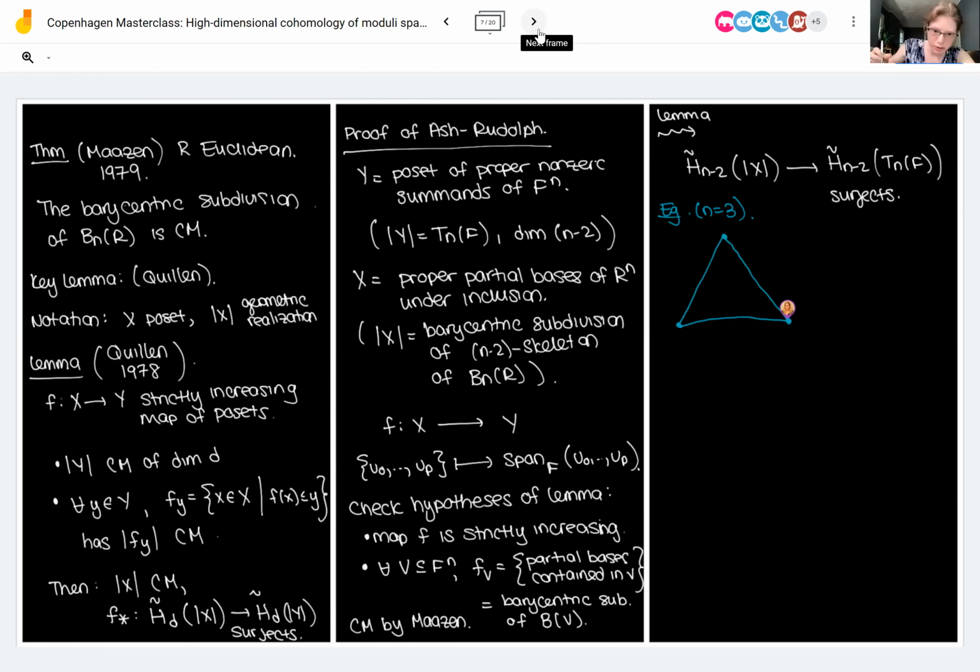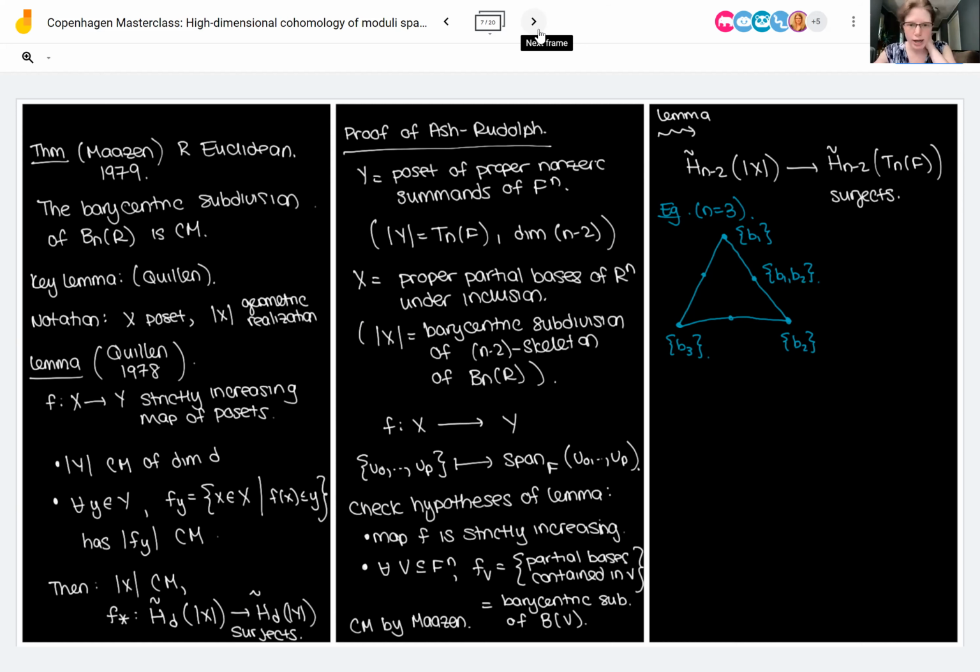If I take a partial basis, v1, v2, v3, then in the partial basis complex, there is a top dimensional simplex, in this case a 2-simplex corresponding to that partial basis.